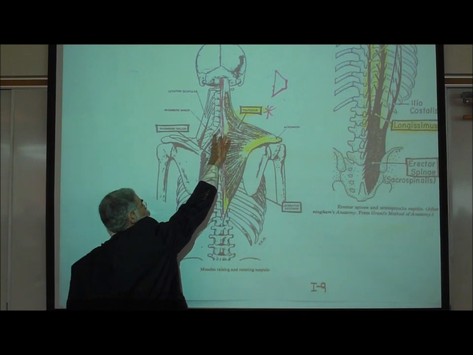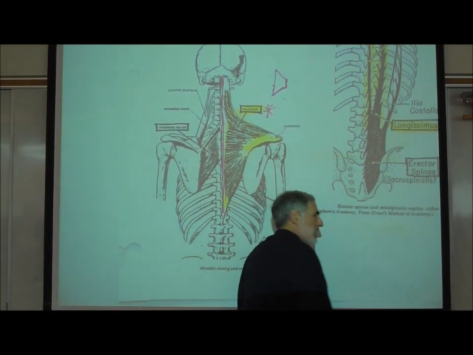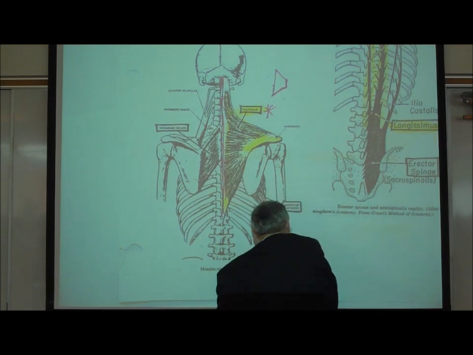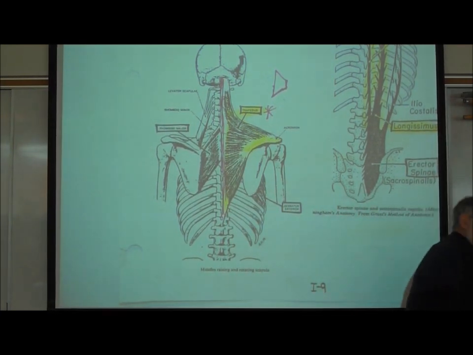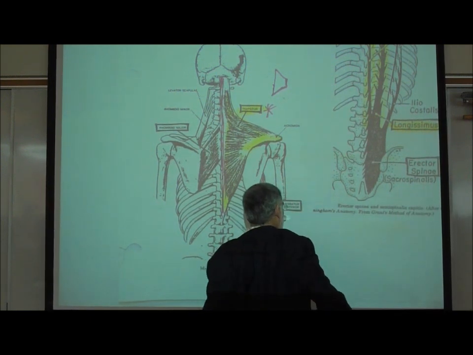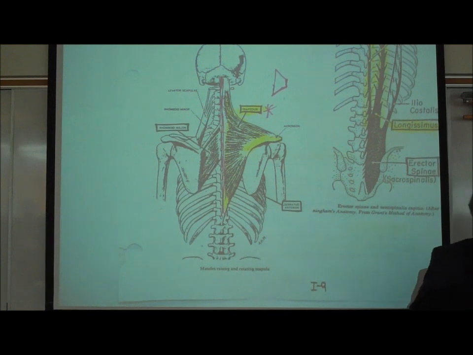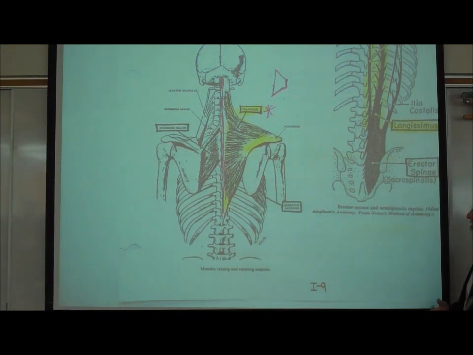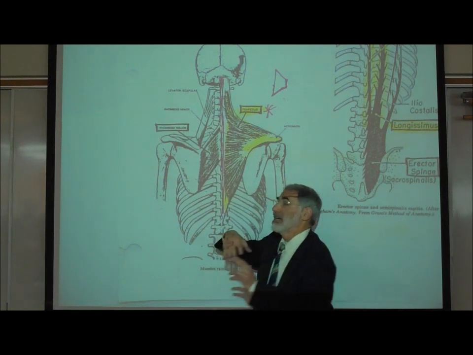It originates on the vertebral column. It inserts on the medial border of the scapula. When it contracts, it pulls your scapula closer to the vertebral column, which effectively adducts or retracts your shoulders, pulling them together, moving them backwards. Again, it's a helper muscle.